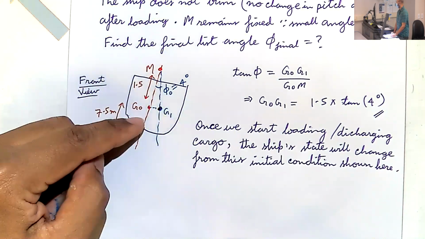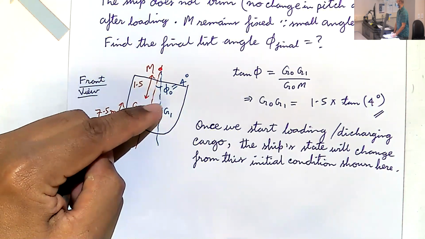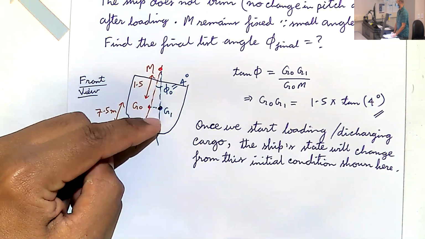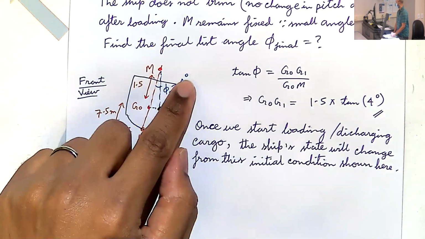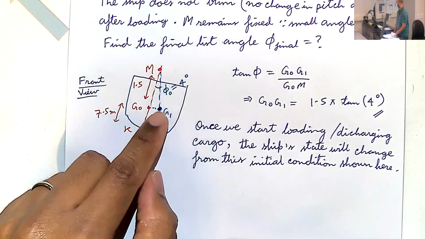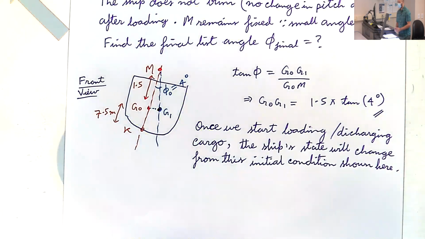You place everything in the hold right at the bottom, you expect G1 would move down slightly. Also, if you load everything on the right, on one edge, you'd expect G1 to move laterally in that direction. So we need to determine both of these shifts, both the vertical shift and the lateral shift.